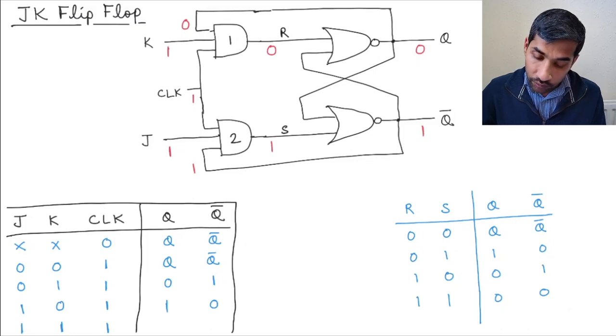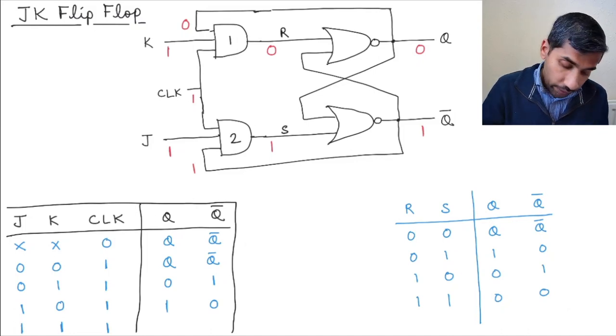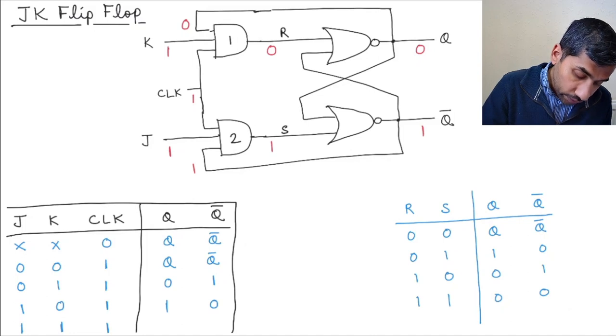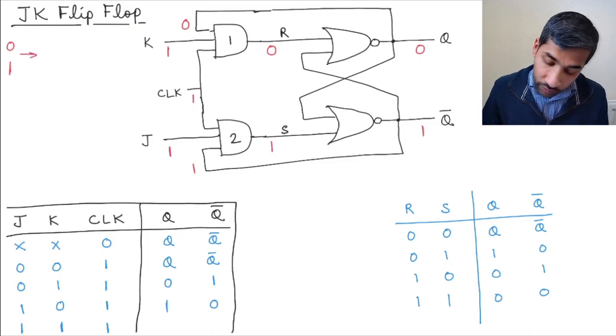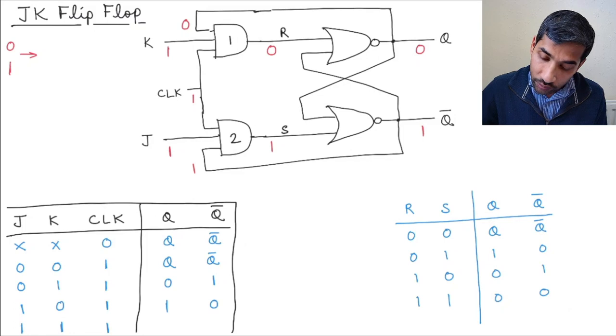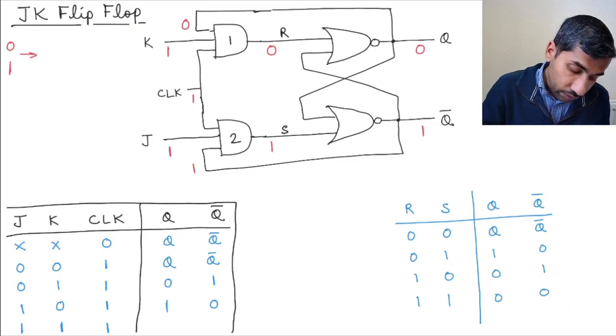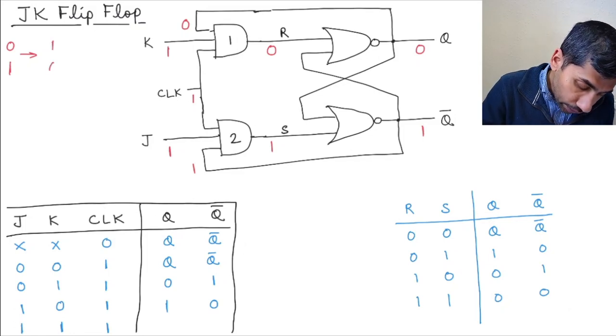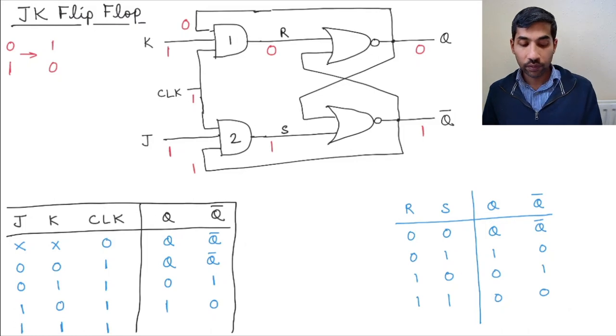So let's just maybe make a small table here. We said we started off with the state 0, 1, and what we have when you start off with the state 0, 1 is R equal to 0 and S equal to 1, which results in Q equal to 1 and Q bar equal to 0. Okay.